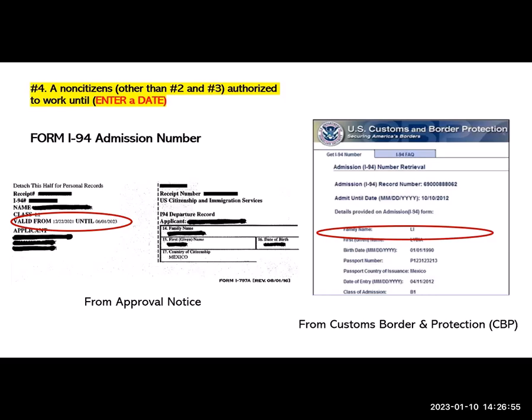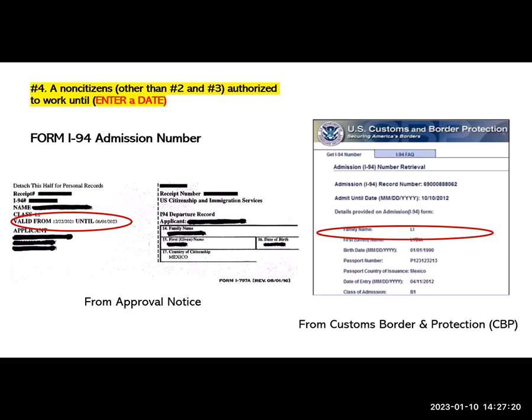for a particular employer. Now, if that same person goes outside of the United States and travels abroad for whatever reason, to visit family, whatever, when they come back into the United States, they get the one that you see on the right-hand side that says CBP at the bottom.